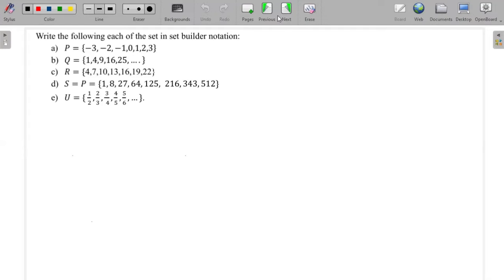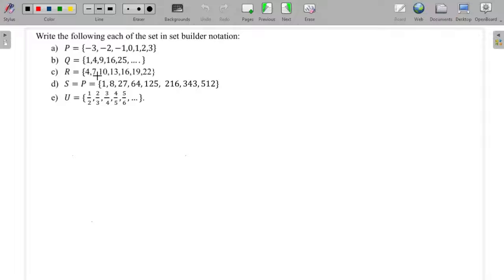If there's a pattern, then you are good to go. If there's no pattern, it can be challenging, but mostly we just identify the pattern and then we'll know what we're talking about.